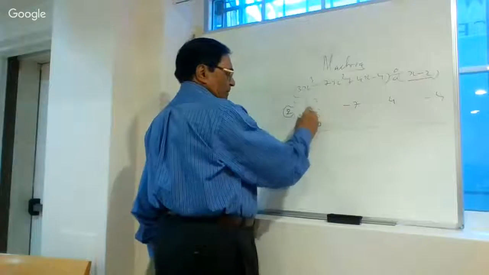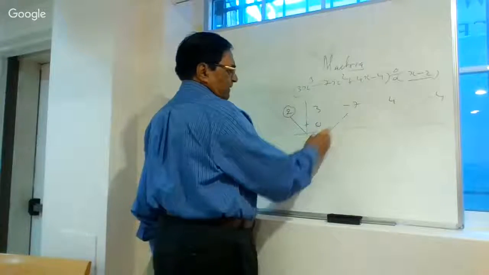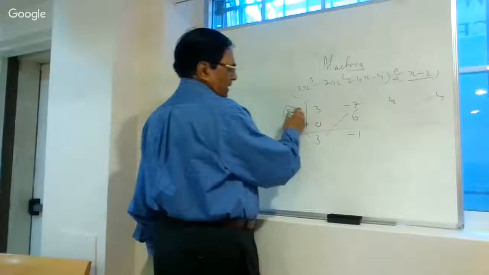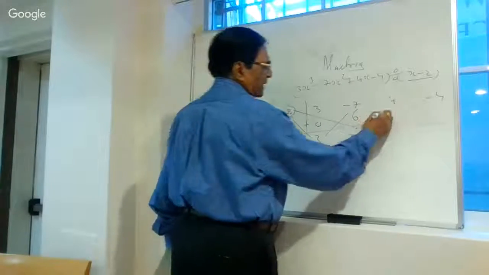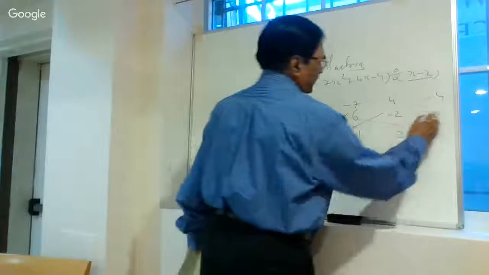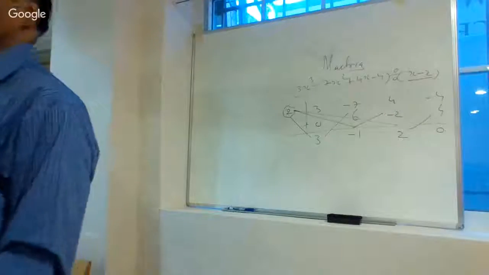Start with 0, then addition. This into this, it will be 6, minus 1. This into this, minus 2, it is 2. This into this, it is 4. So remainder is 0.